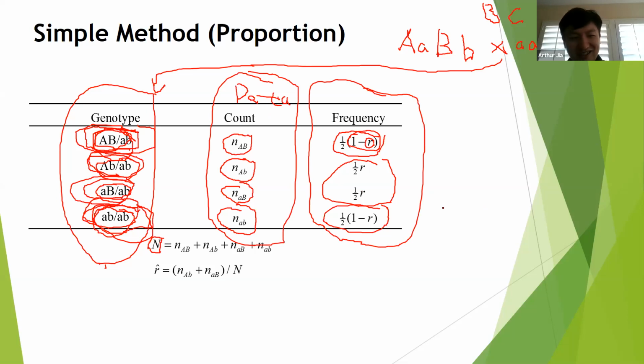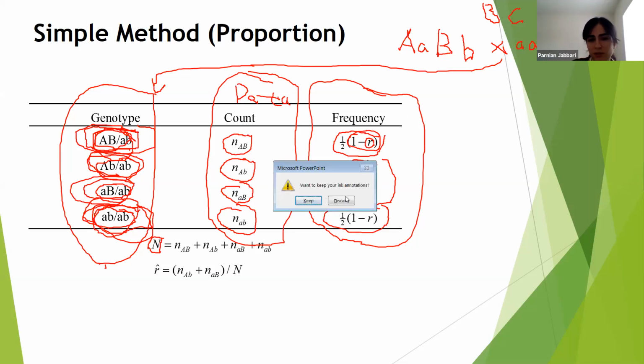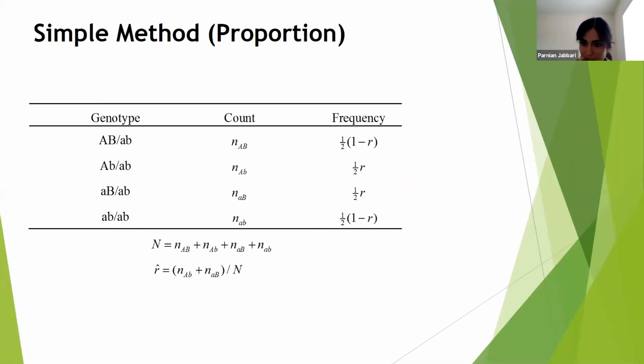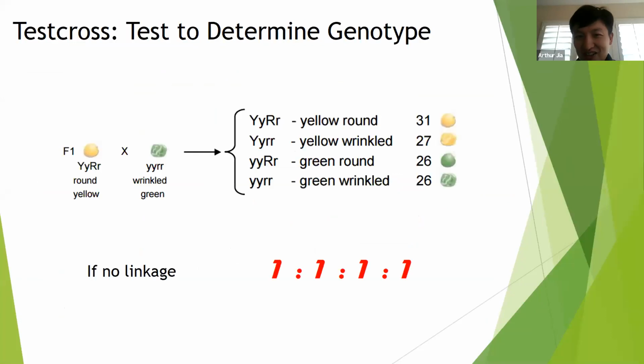Any questions? Because Mendel didn't know that genes were linked, he got the proportion of 1 to 1 to 1 to 1? Yes. So that's the classical Mendelian experiment. This is a very classical example.